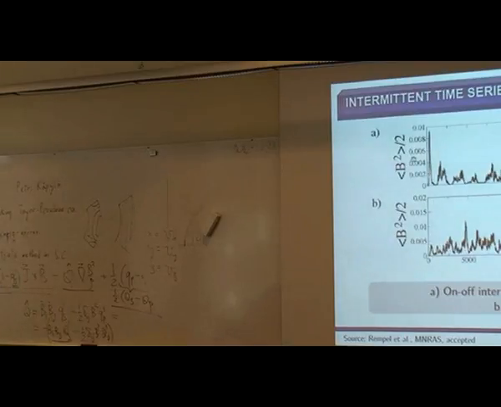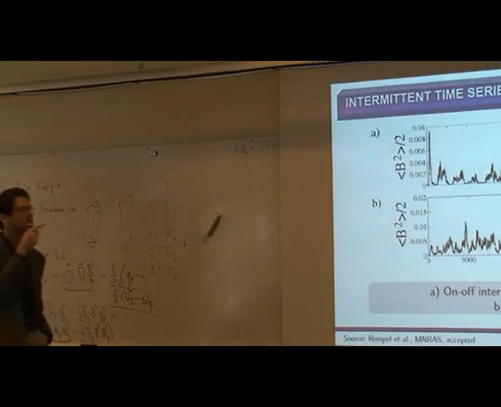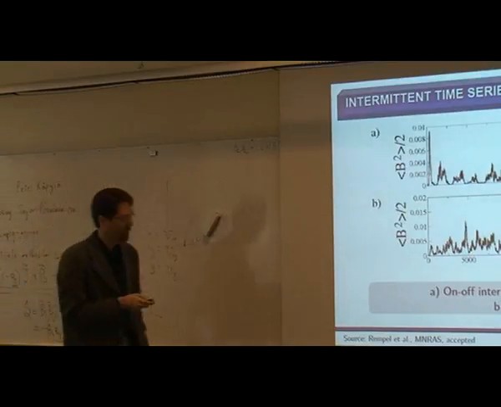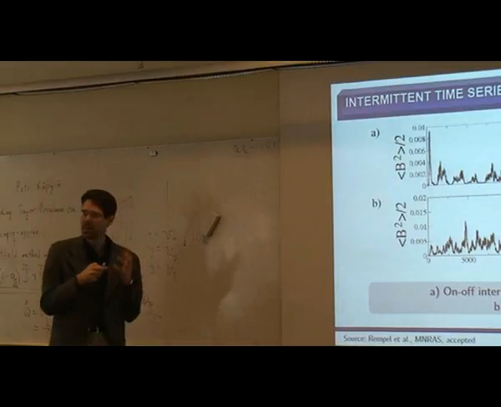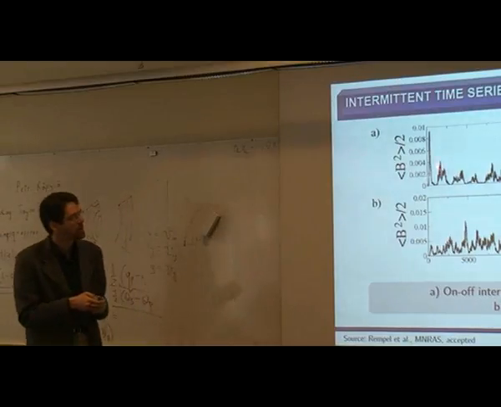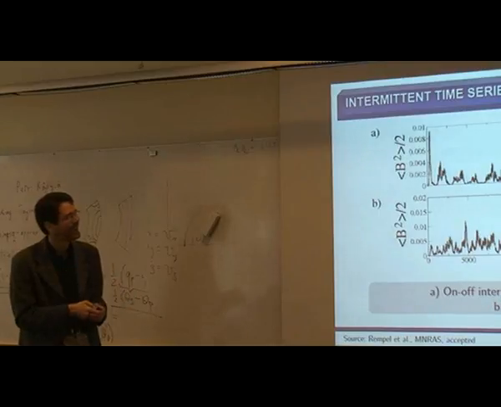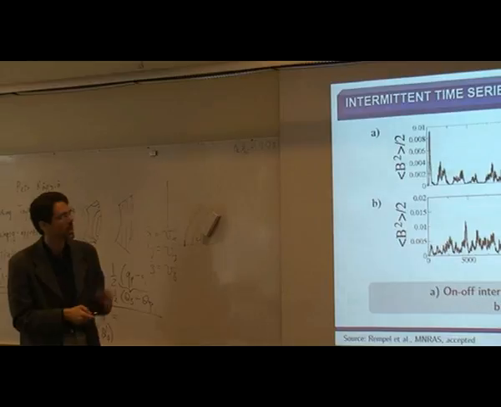If you decrease eta from 0.055 to 0.053, you already have the dynamo. The magnetic energy does not decay to 0, although sometimes it gets very close to 0. This is what we call on-off intermittency, because sometimes it's on, sometimes it's off for a long period. You see 15,000 to 20,000 times.